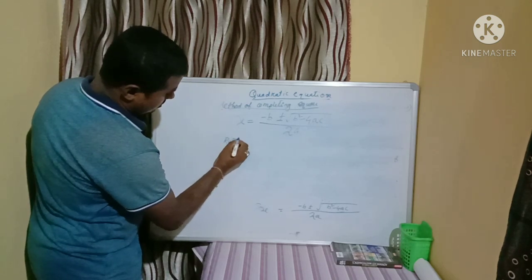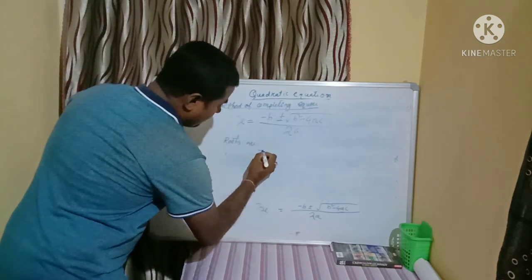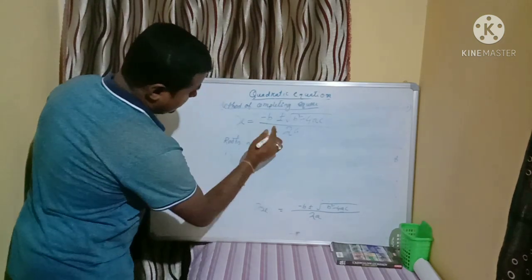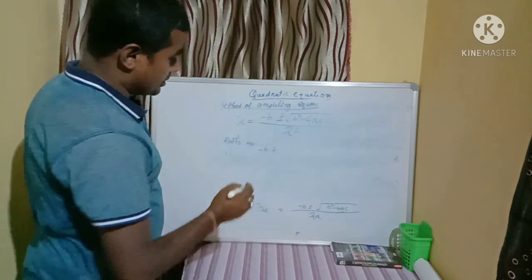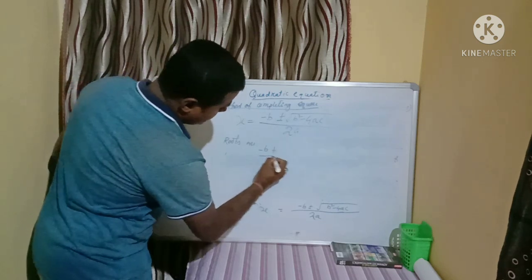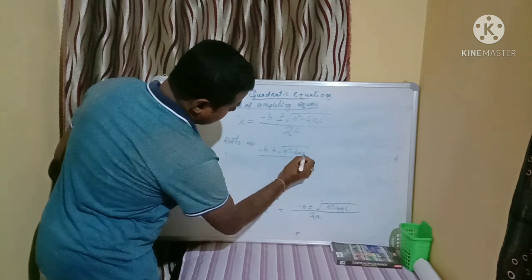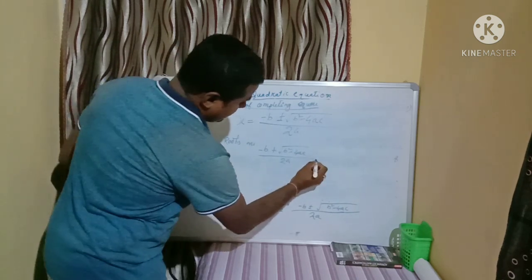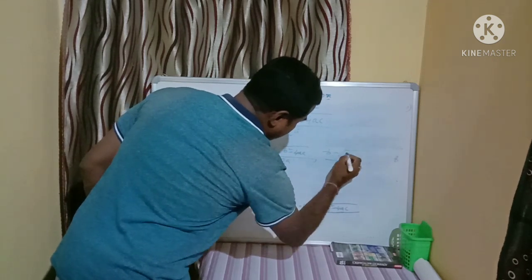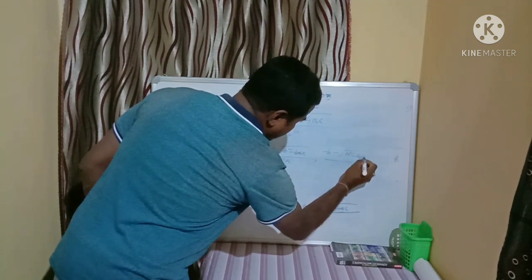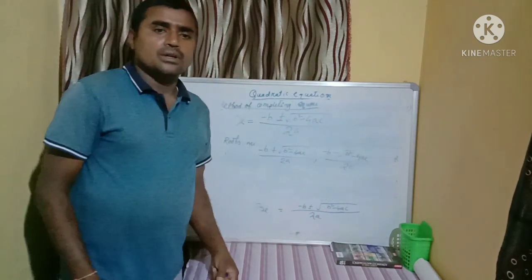The roots are: minus b plus minus means one time we take plus, next time minus. So taking plus, we get minus b plus square root b square minus 4ac divided by twice a, and minus b minus square root b square minus 4ac divided by twice a. So these are the roots.